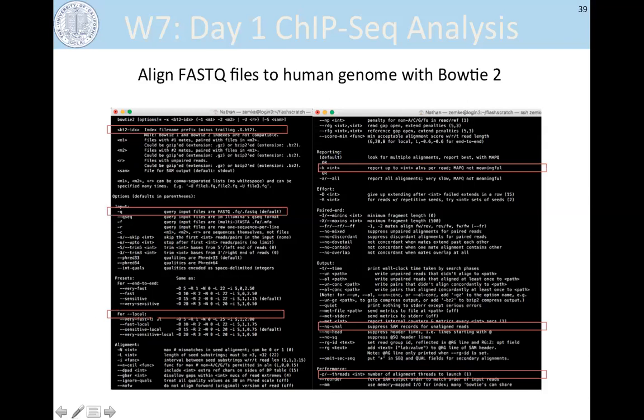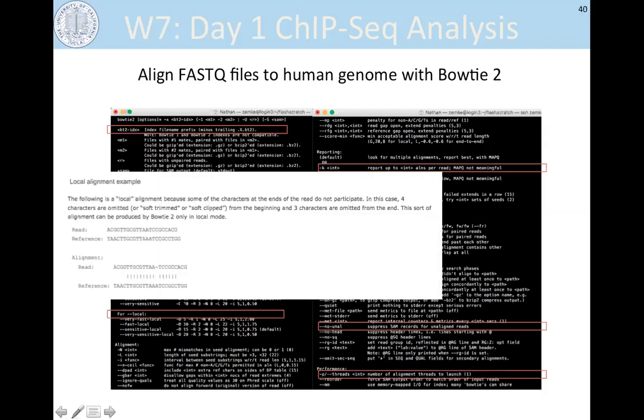This --local option: oftentimes you want to clip the ends of your reads, since the ends of the reads are more prone to have errors. As you know, there's less accuracy in base calling for the ends of sequence reads.